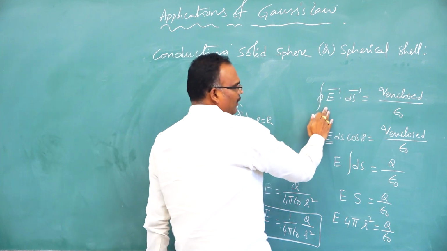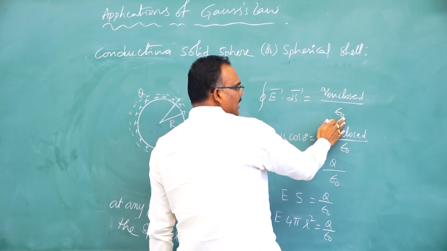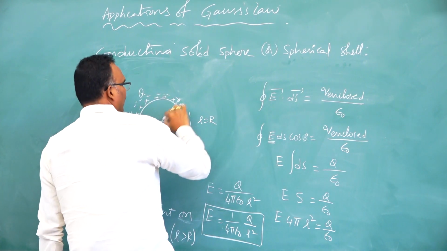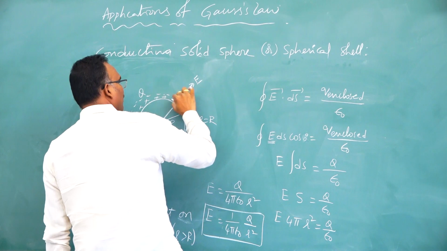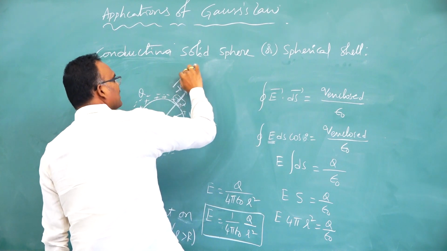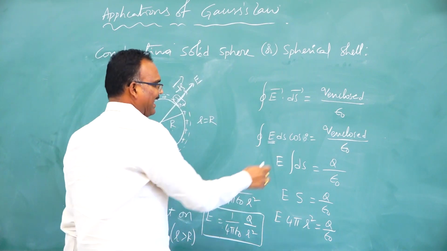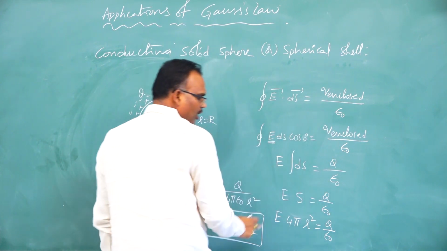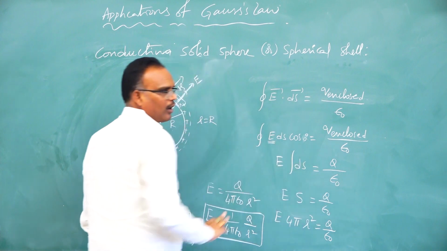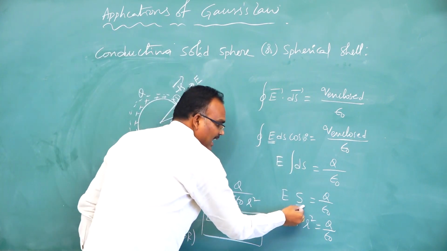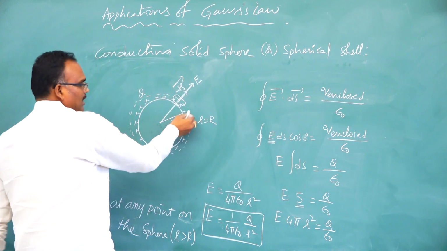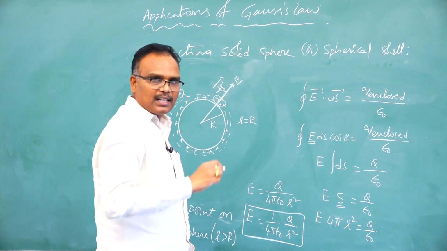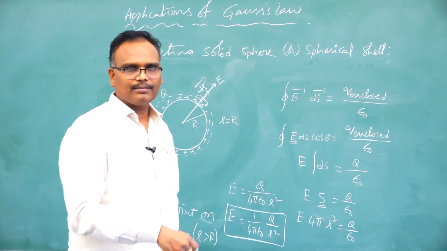So the integral of E bar dot ds bar is equal to charge enclosed by epsilon naught. You see here, if you take a point here, the electric field and the elemental portion ds are both in the same direction, so the angle is 0. So E into ds, E into s is equal to q by epsilon naught. Here the Gaussian surface area and the sphere surface area are the same, because I am saying the point is on the surface.